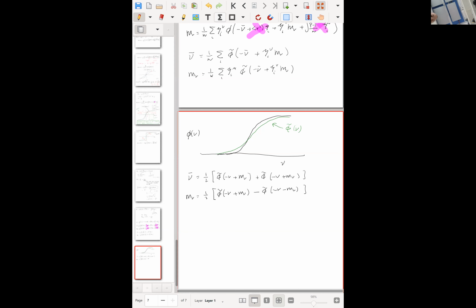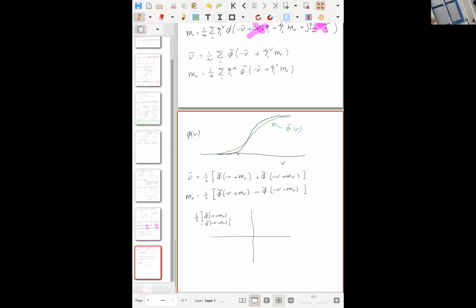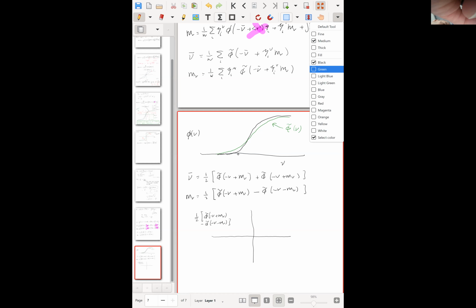Okay. And we're going to plot the right-hand side, the bottom one. That's the most important. So on this axis, we're going to put 1/2 phi tilde of minus nu plus m nu minus phi tilde of minus nu minus m nu. And we notice when m nu equals 0, this is just 0, and this is some kind of sigmoidal curve.